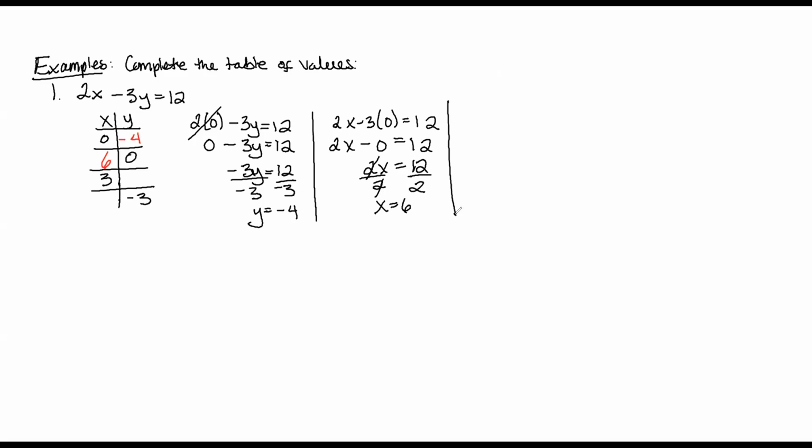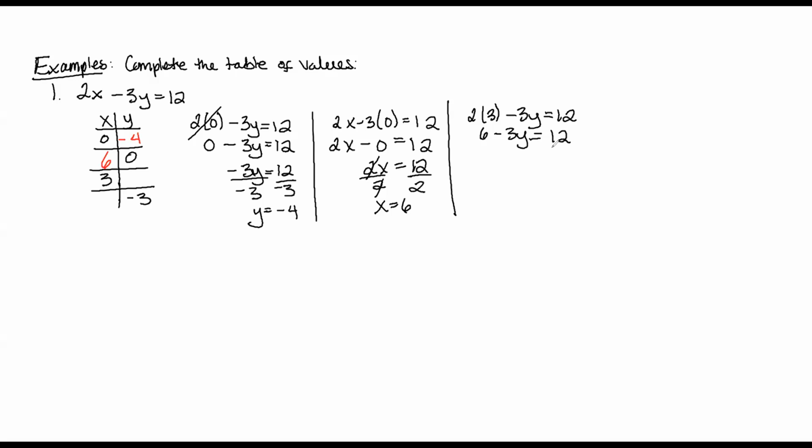Our third one here, we're plugging in 3 for x. So 2 times 3 minus 3y, we don't know, equals 12. Now this one isn't a 0, so we do actually have to multiply this out and move it over. So 2 times 3 is 6, minus 3y equals 12. 6 and 3y are not like terms, so we can't combine.